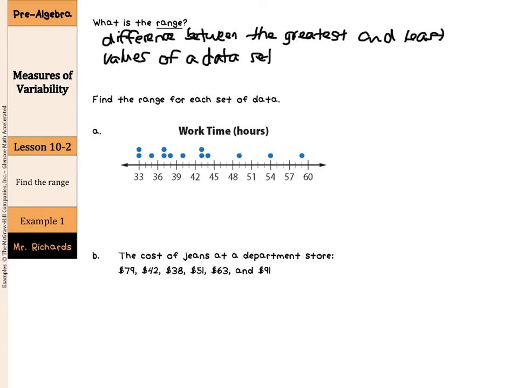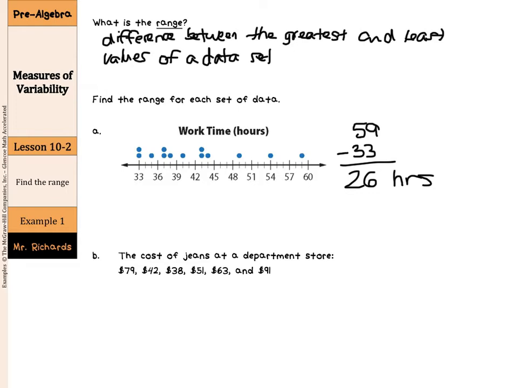So when we look to find the range, we'll look for the highest value, which in our example A is 59, and we'll look for our lowest value, which is 33, and we'll subtract. We get 26 hours is our range.